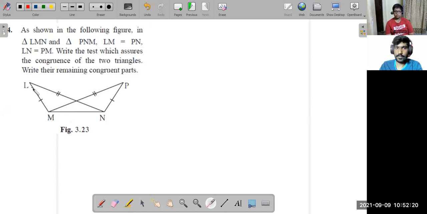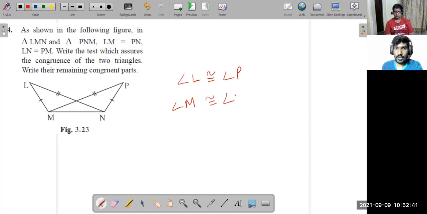So write angles. For example, angle L is congruent to angle P. Then angle M is congruent to itself because the base is the same, no?